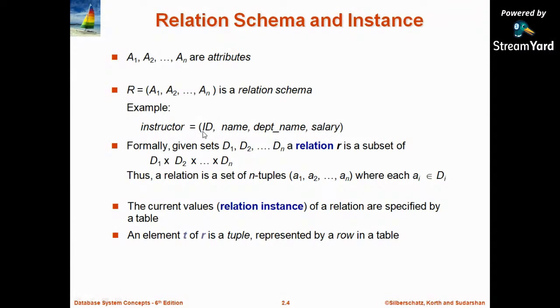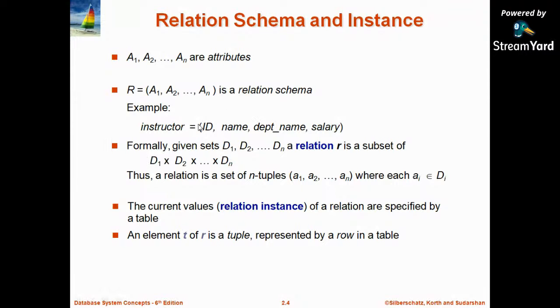And the ID values will come from domain D1, and the name values will come from domain D2. Then you can see what the total domain of this relation is. The total domain of this relation will be D1 × D2, that is a Cartesian product: D1 × D2 × D3 × ... × Dn.